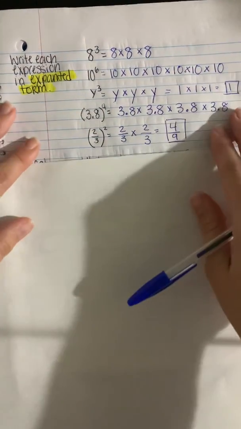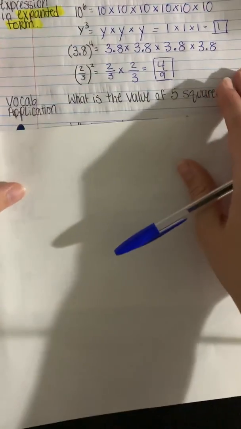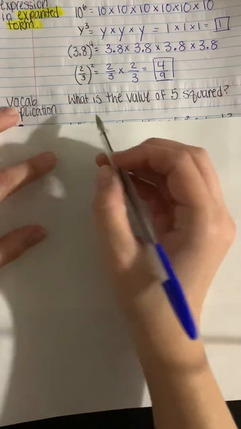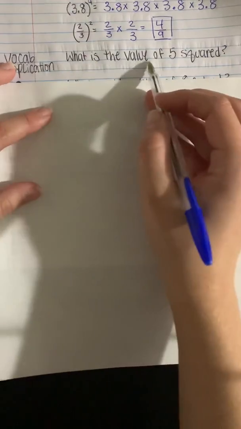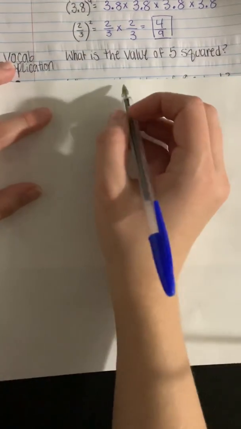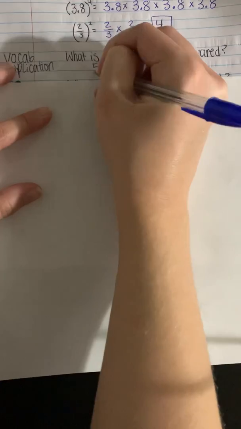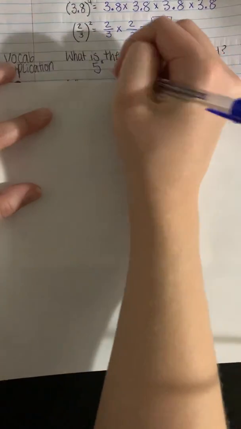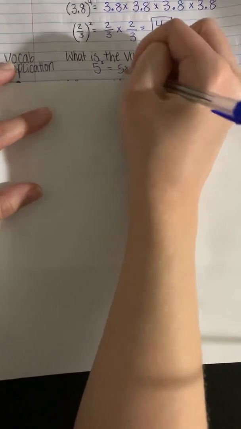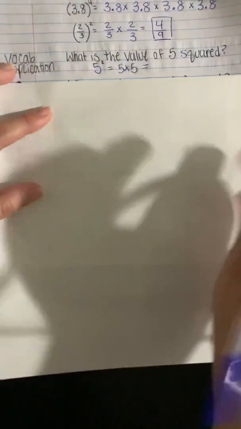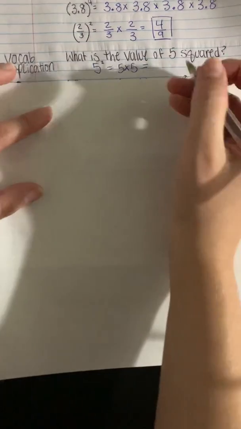All right. Let's apply our vocab a little bit. If we see a sentence like this, what is the value of 5 squared? Squared tells us that the exponent is 2. So 5 squared is equal to 5 times 5. And I know my multiplication facts really well, like you guys do.